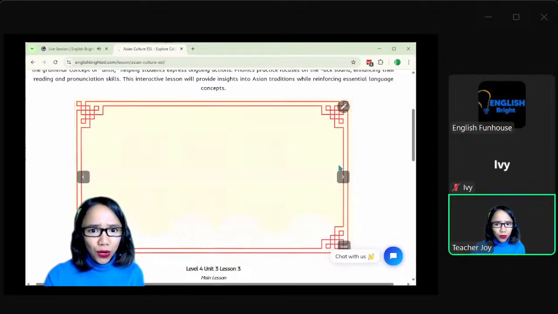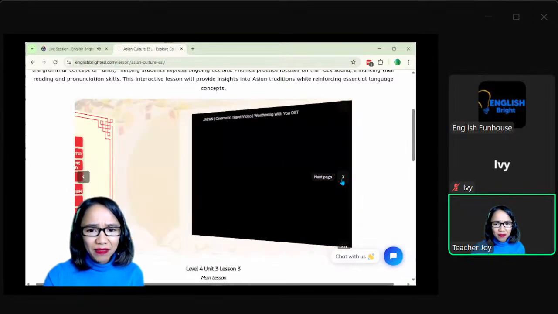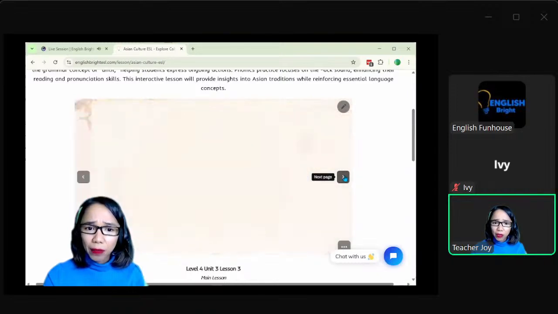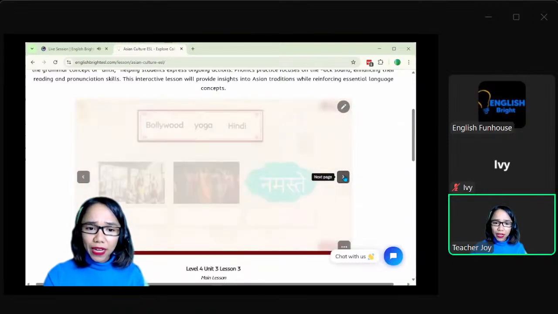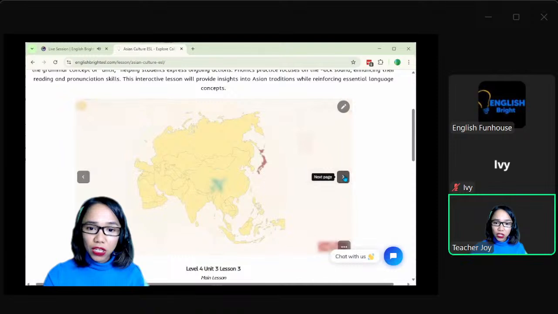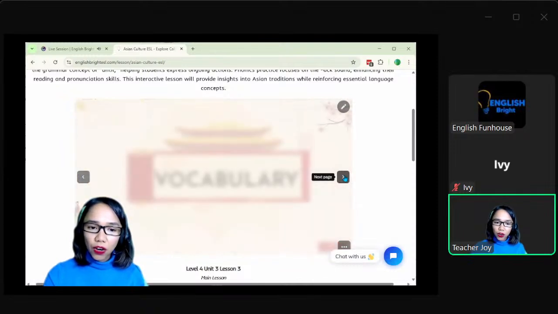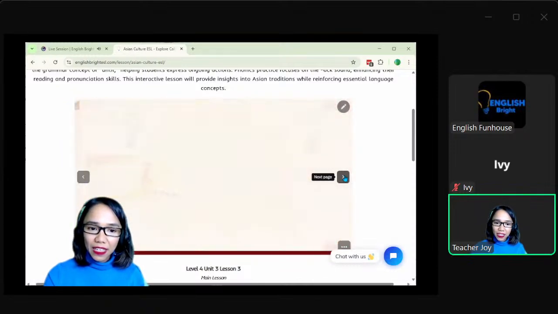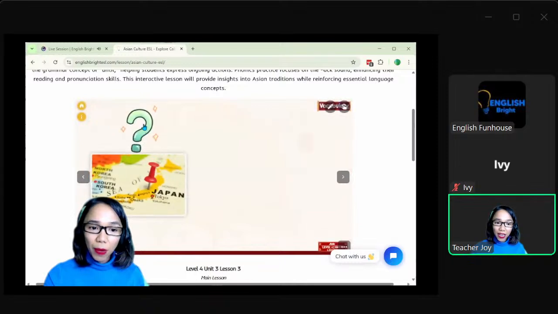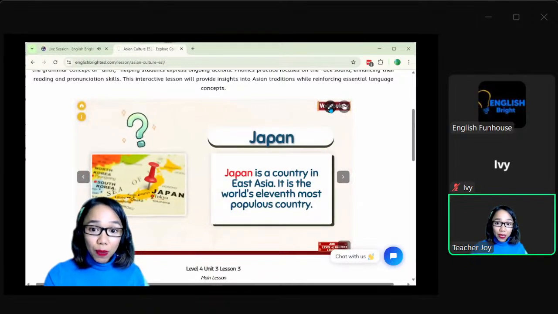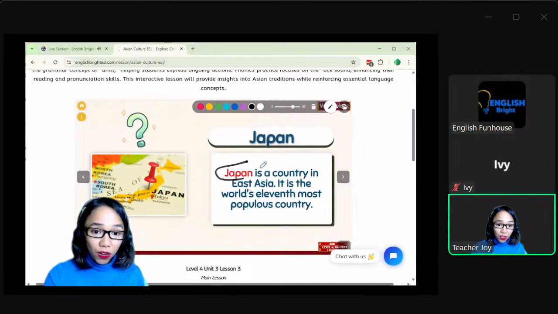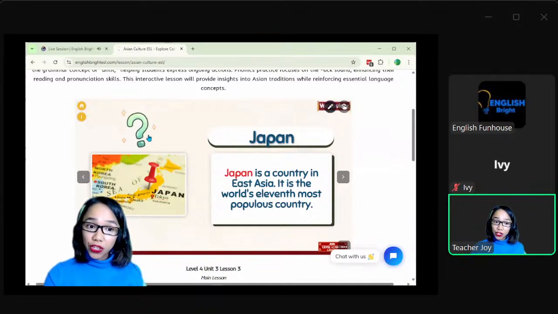You can also do a little bit of speaking activity with a vocabulary. Let me just go right here. We're teaching Japan, right? So you say, okay, Japan. Have you been to Japan before? You can also share more pictures.